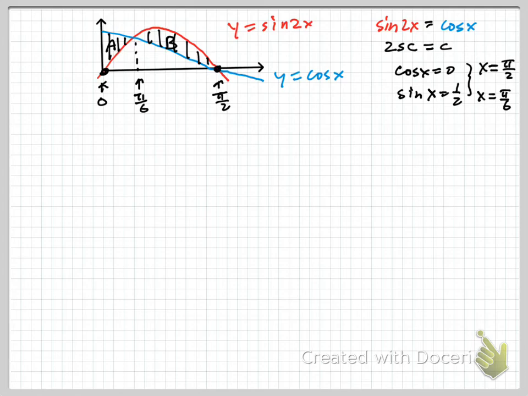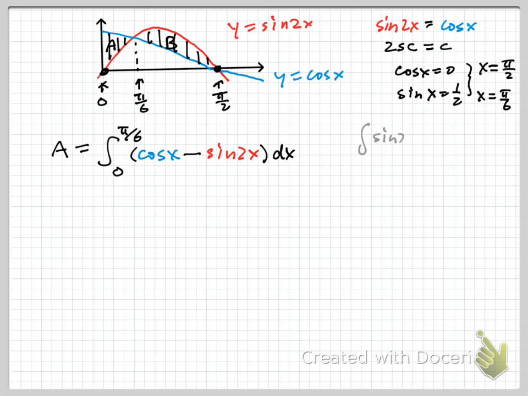So let's do A and B separately. Part A will be from 0 to pi over 6. It's the blue y minus the red y, because the blue is above the red. Now it helps to know the integration of sine 2x. The integration of sine 2x will be minus 1 over 2 cosine 2x.